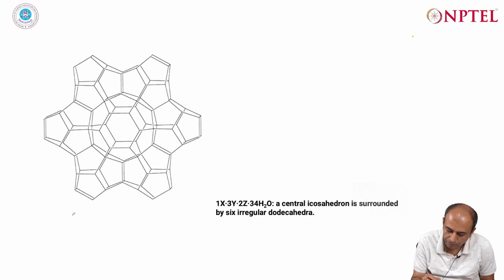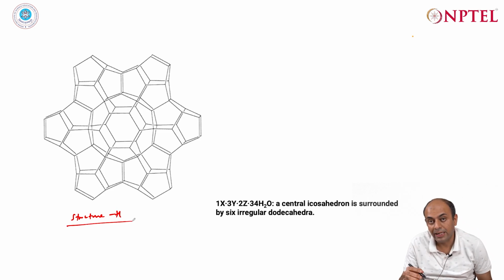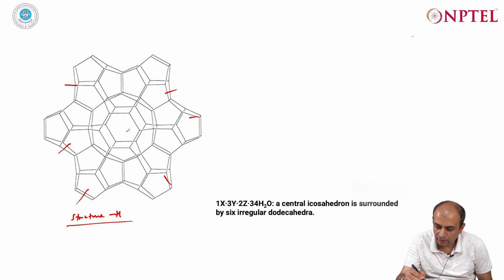We call this the structure H type, which is actually also the hexagonal form of ice, which we use for the sake of comparison here. And in this we will see that we have got a central icosahedron which is surrounded by 1, 2, 3, 4, 5, 6 irregular dodecahedra.